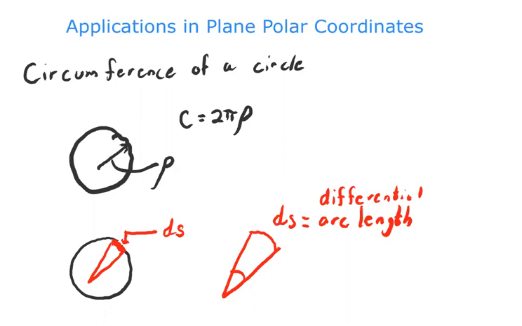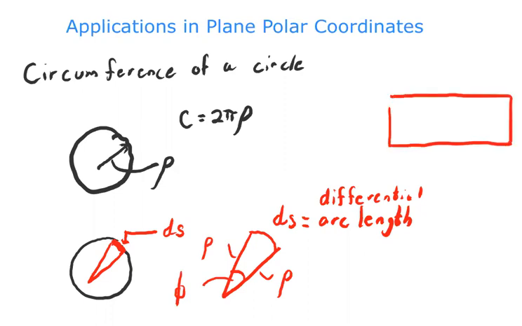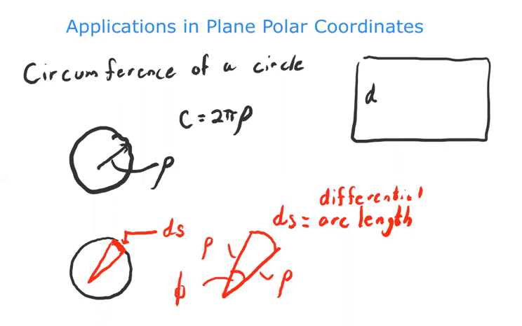Well, this angle is certainly phi in plane polar coordinates. This side is just rho, and that side is rho. So I will make the assumption, which I'll prove in a minute, that the right expression for the differential arc length of a circle is rho times the derivative of phi.